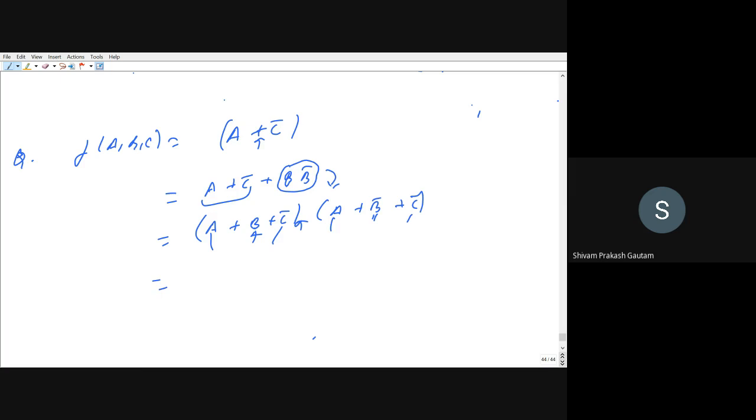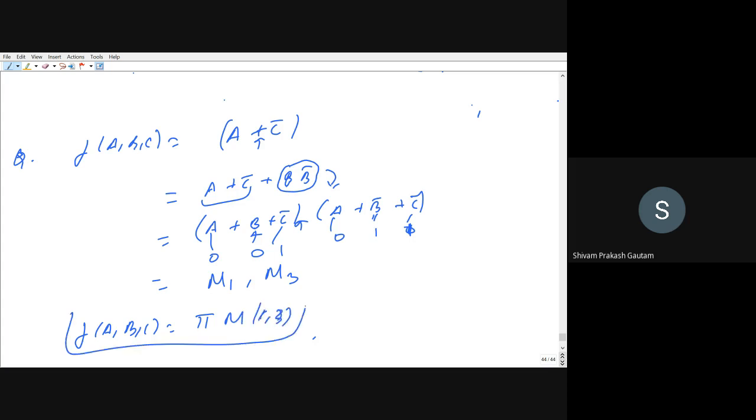So this can be represented by 0 0 1 and 0 1 1. So this is max term number 1, and this is max term 3. So this function of A B C can be represented by pi max term of 1 and 3.